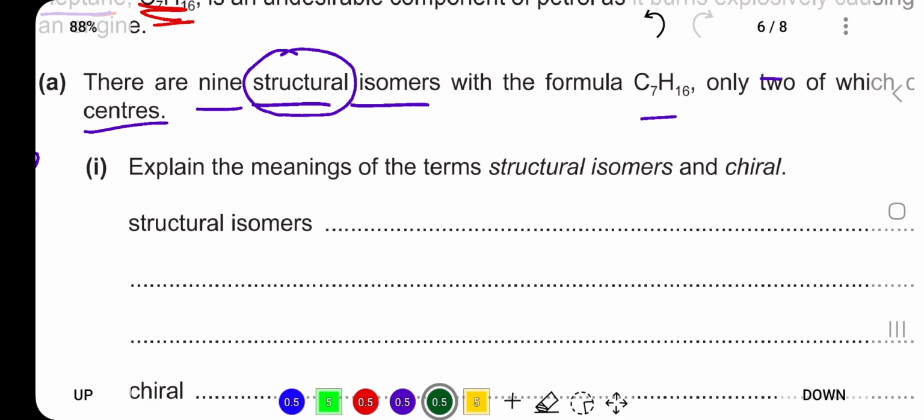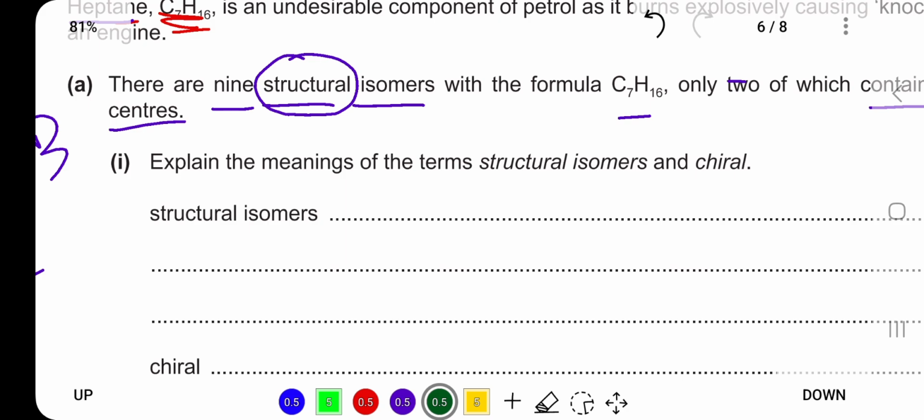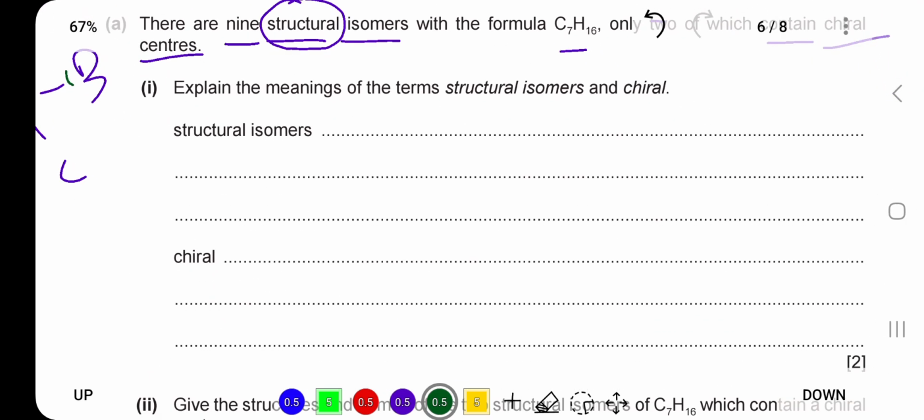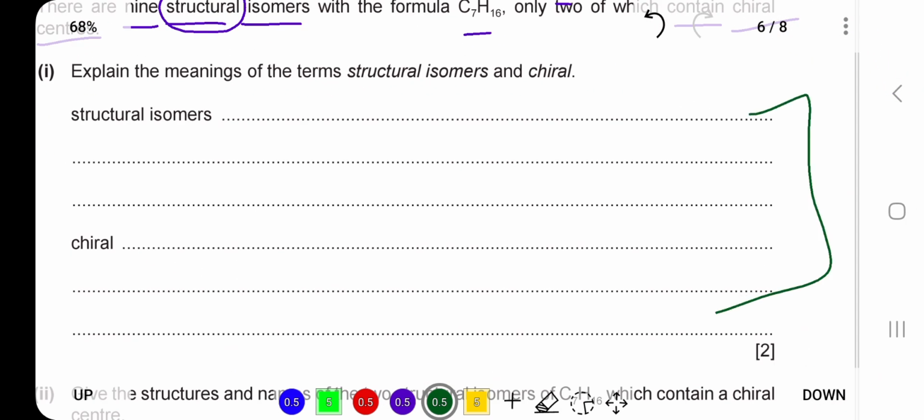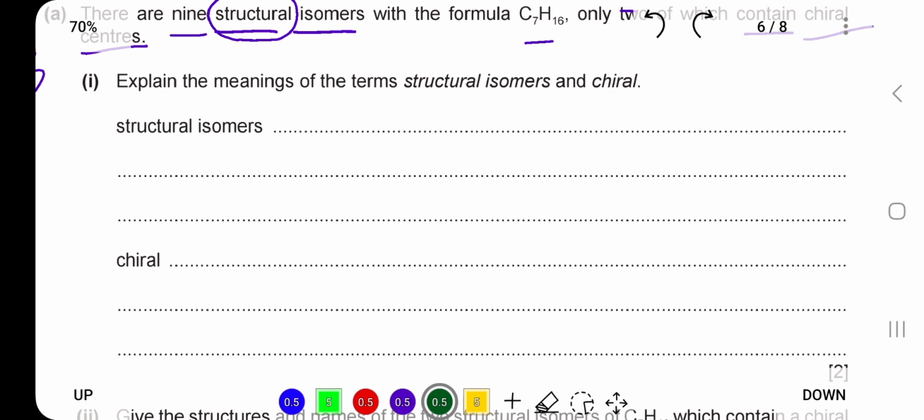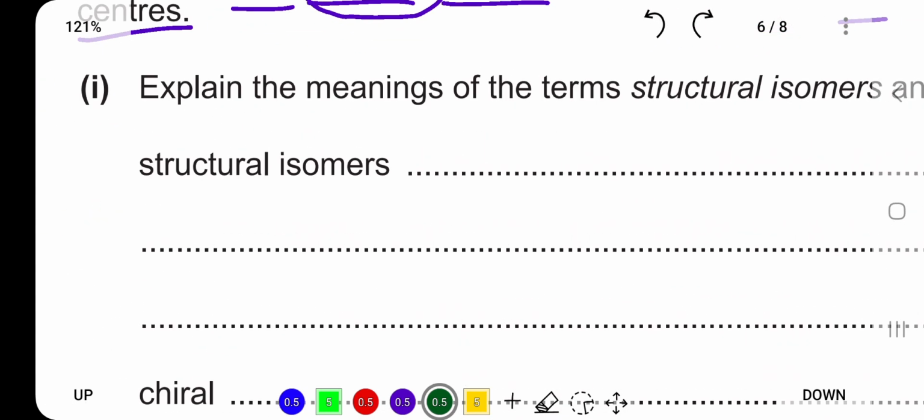Alright? Explain the meaning of the term structural isomers and chiral. These questions are actually very, very repeated, so just learn them and understand them for sure.